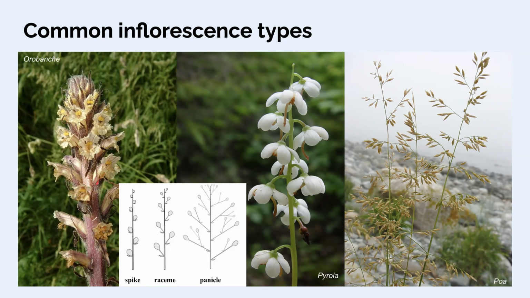We've got flowers that are sessile. So these are flowers on an unbranched axis without pedicels. Moving over to raceme, this is an unbranched axis, flowers with pedicels. And then the panicle is a branched inflorescence. So three useful basic categories you probably see in the keys as you're identifying species.